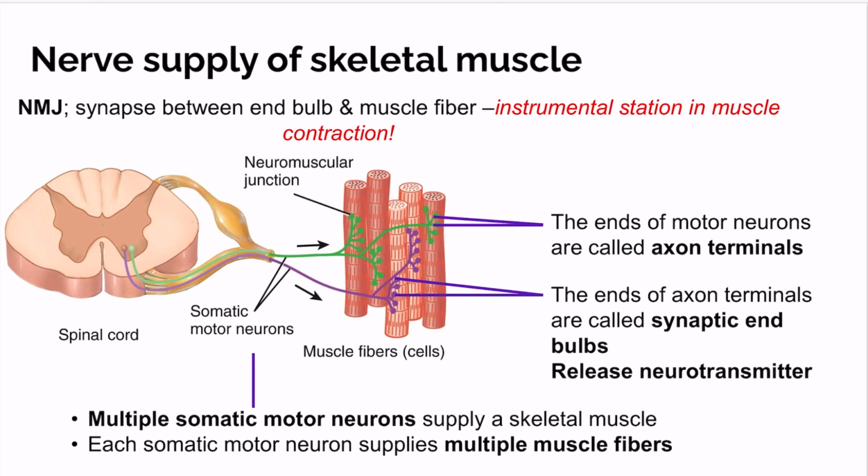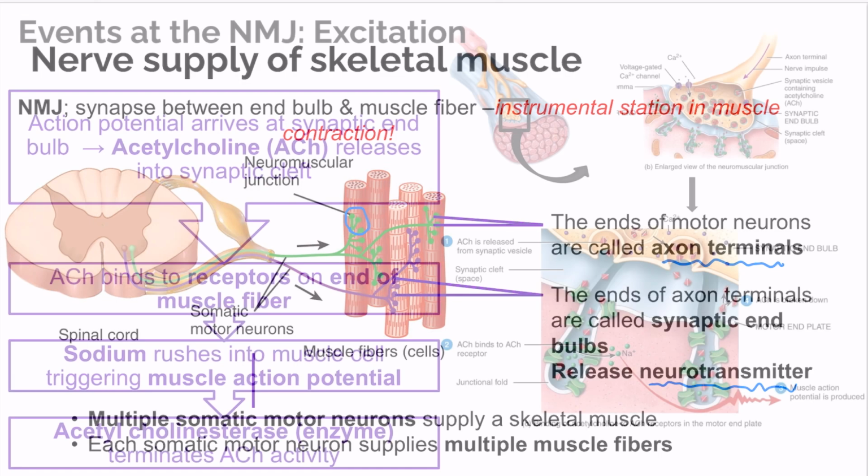So our somatic motor neurons are going to supply that innervation to our skeletal muscle. And again, we'll talk about that more when we talk about our nervous system. But they're going to meet up with our skeletal muscle, and they're going to basically touch them at these areas called axon terminals. And they're going to communicate with our skeletal muscle by releasing chemicals called neurotransmitters.